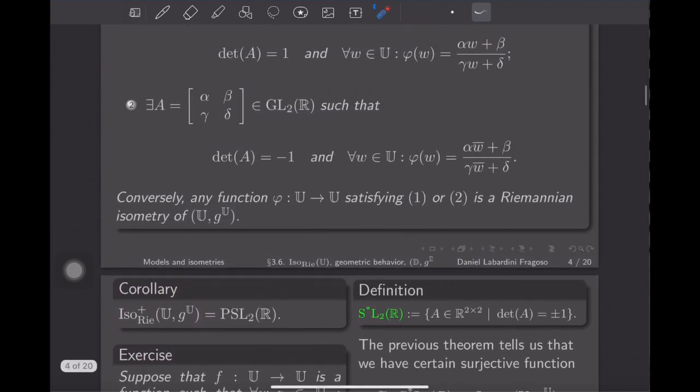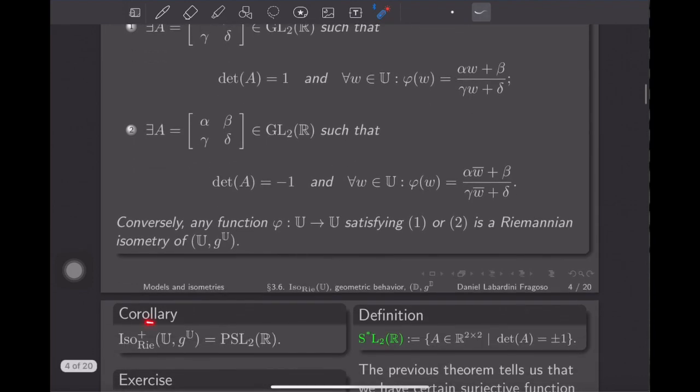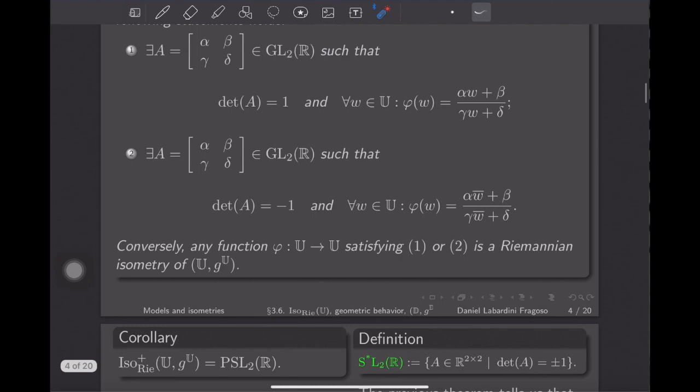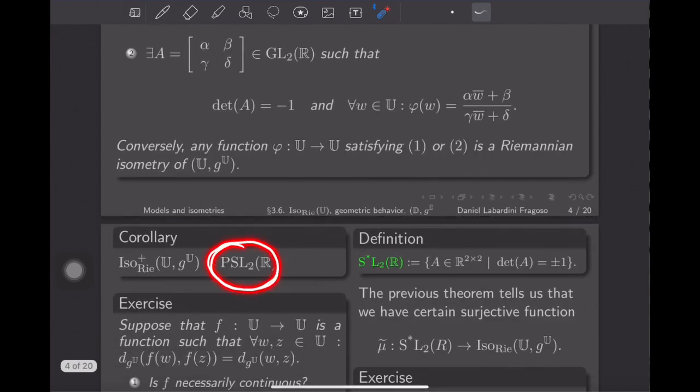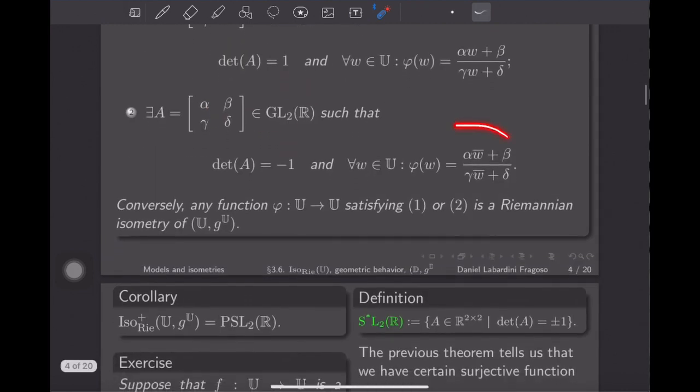Indeed, any Riemannian isometry not in PSL2R is given by a matrix of determinant -1, and when you compute the derivative of this as a differentiable function, the derivative has negative determinant, and so it cannot be here. So observe that this is not holomorphic. This is infinitely differentiable, but not holomorphic.